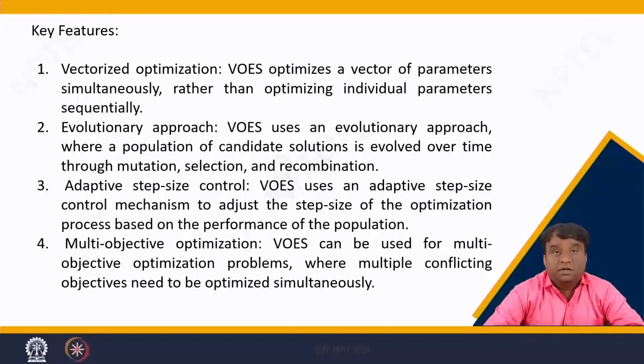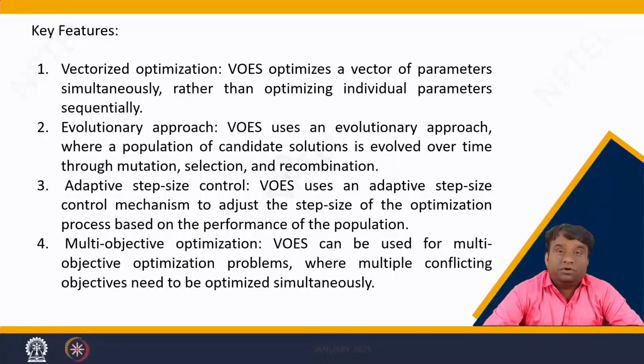Key features: vector optimization. VOES optimizes a vector of parameters simultaneously rather than optimizing individual parameters sequentially. Evolutionary approach. VOES uses an evolutionary approach where a population of candidate solutions is evolved over time through mutation, selection, and recombination.